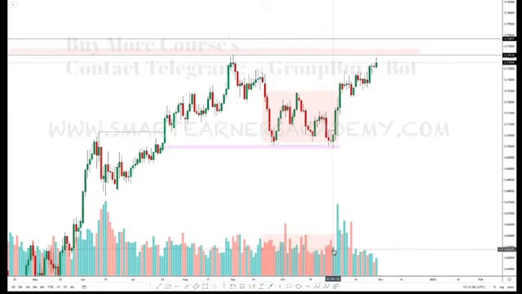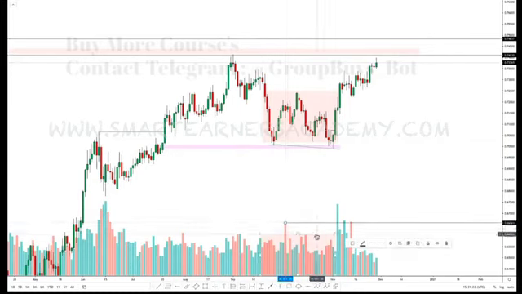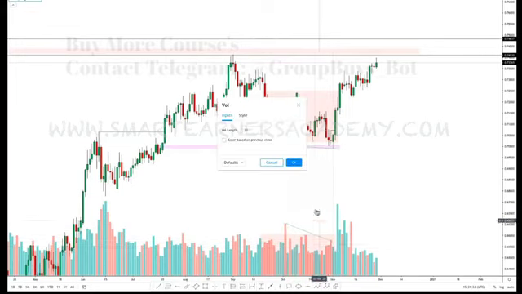Now you can see that price at this point started to diverge from volume, because we had something like this. For us, that volume right there is low, okay?